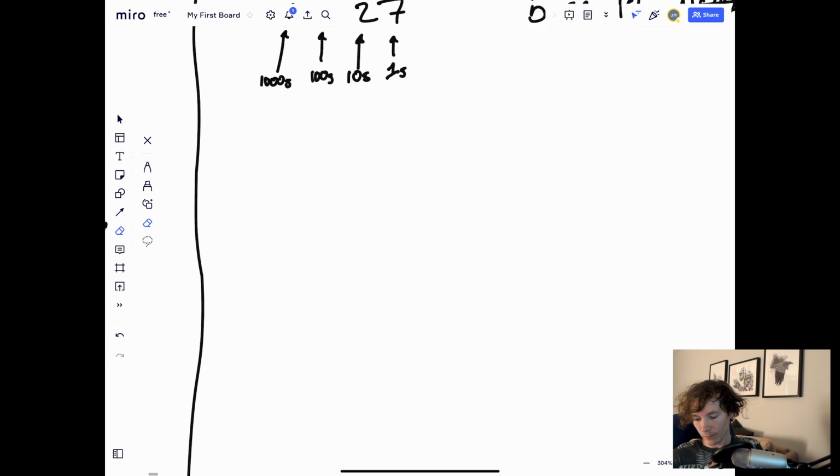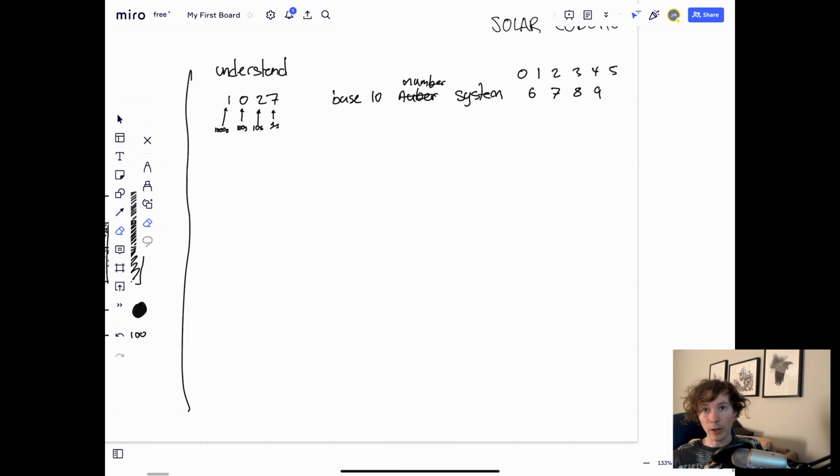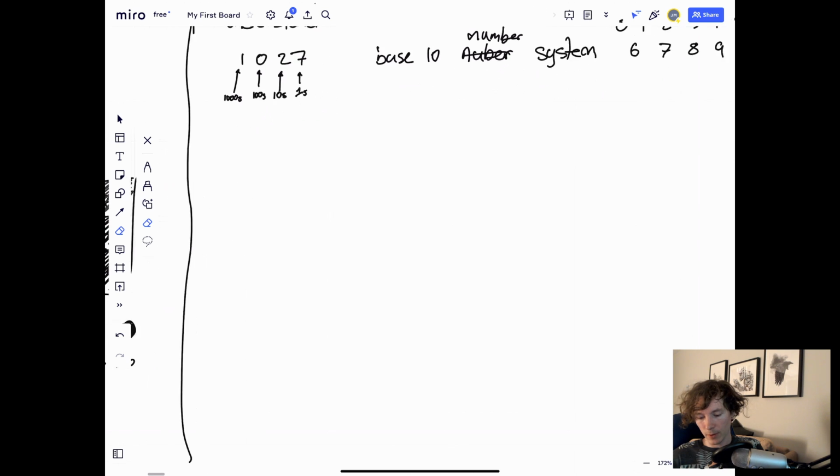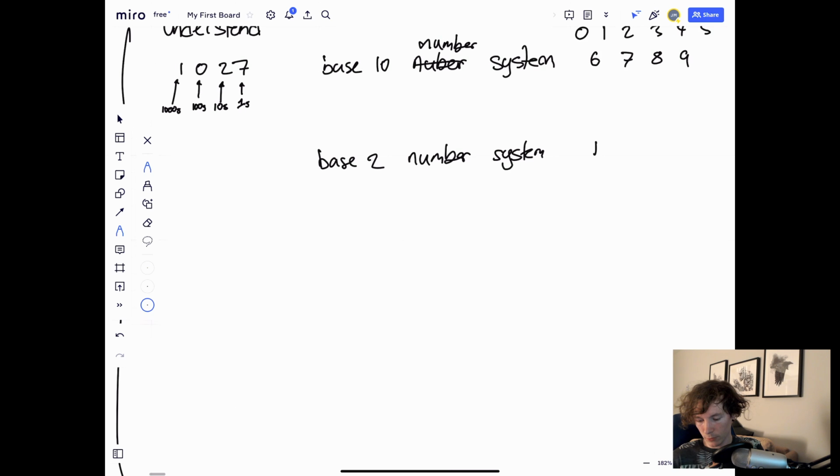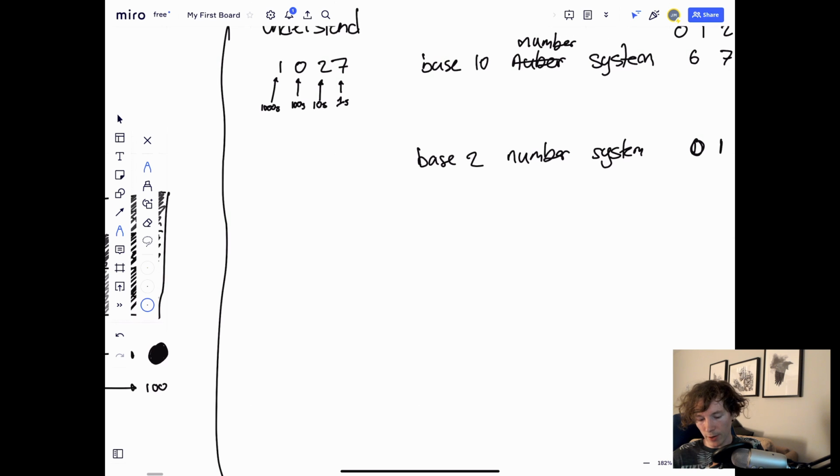Now, with binary, it works exactly the same way. Binary is a base 2 number system that is designed to work with 2 symbols. And so you can write a number like this, for example.